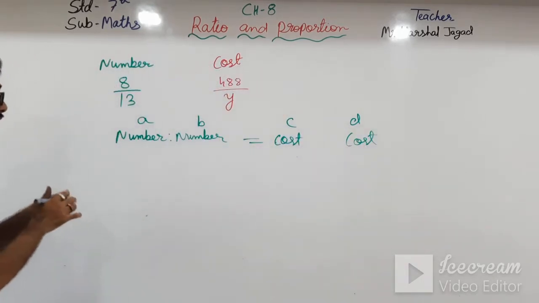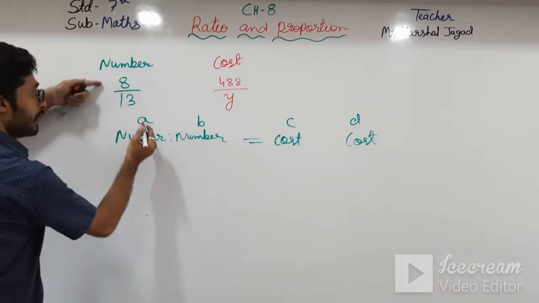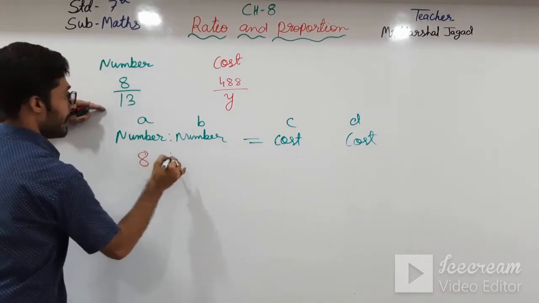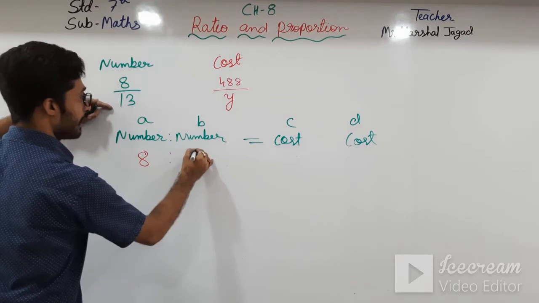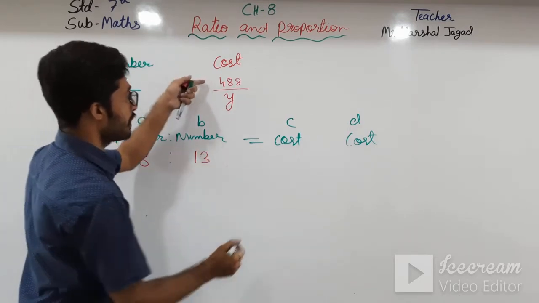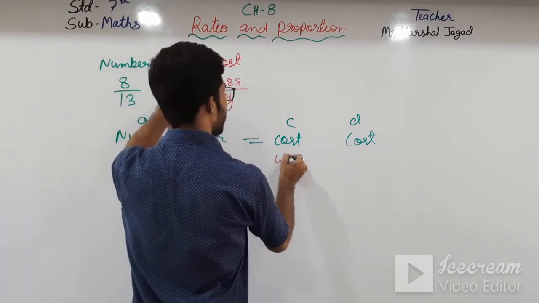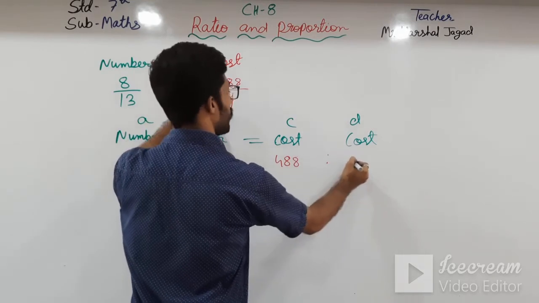So here A is 8, B is 13, and the cost is 488, and this other cost we have to find.